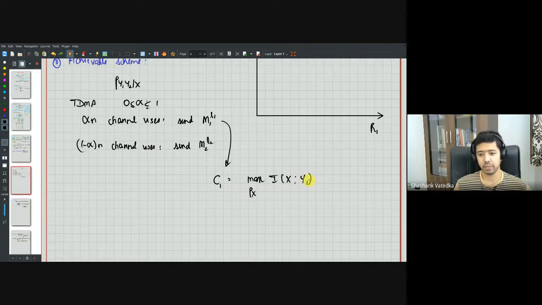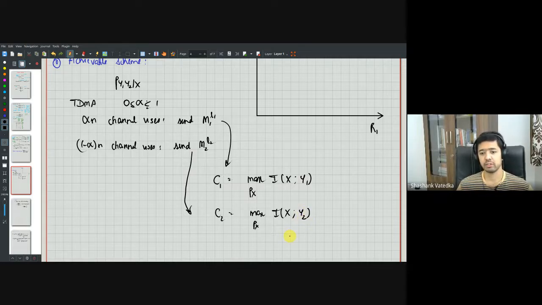right? And it doesn't really matter what y2 hears, right? And for the second user, when you're using the remaining 1 minus alpha n channel uses, you again try to operate at the maximum rate possible. You take the maximum of the mutual information between x and y2, right?